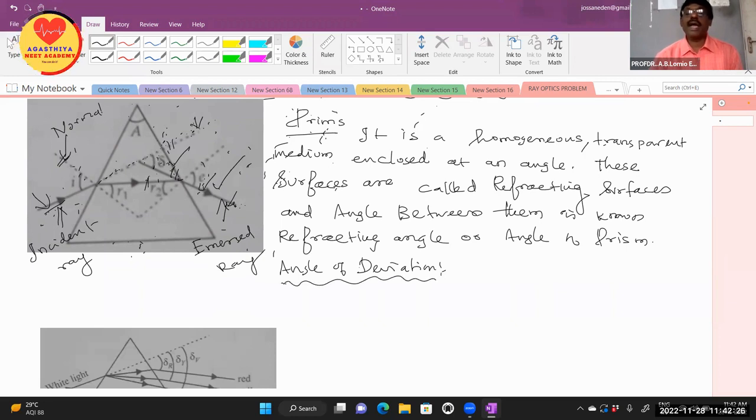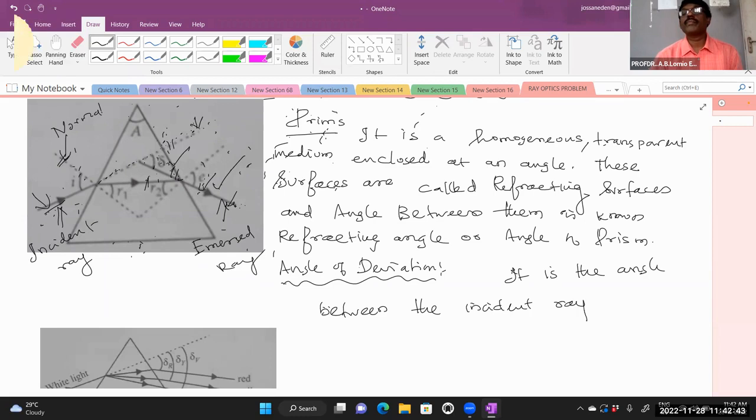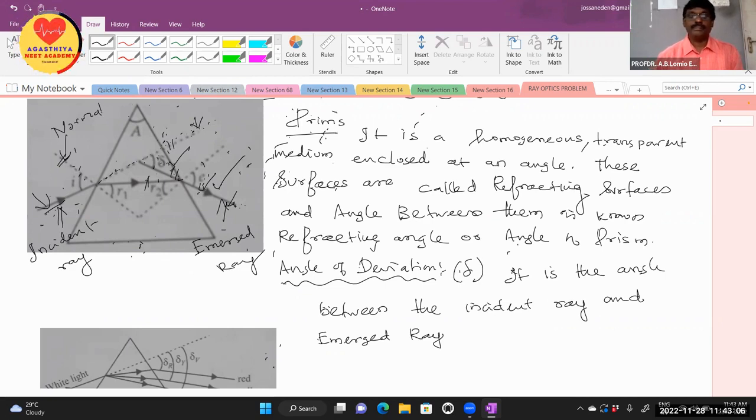Angle of deviation is the angle between the incident ray and the emerged ray. It is denoted by the letter delta.